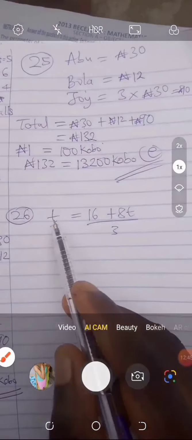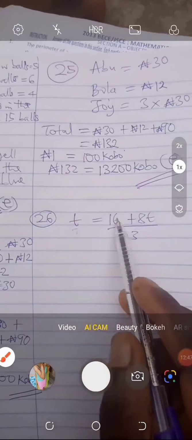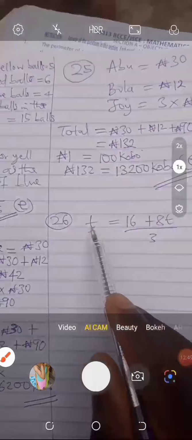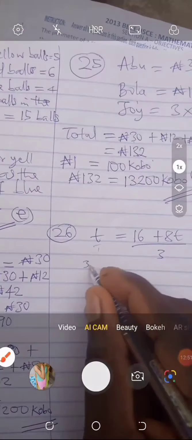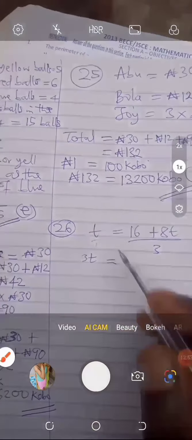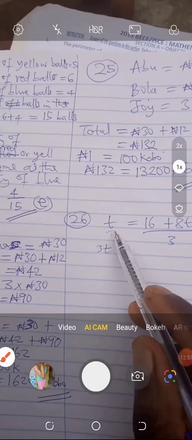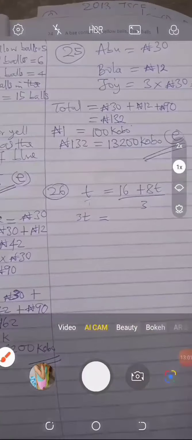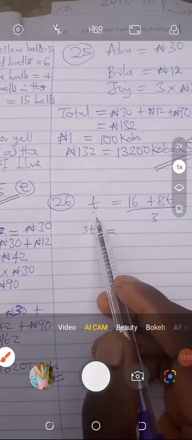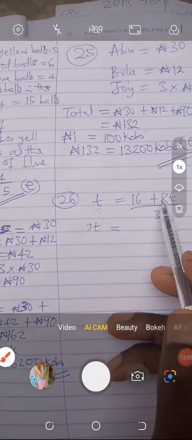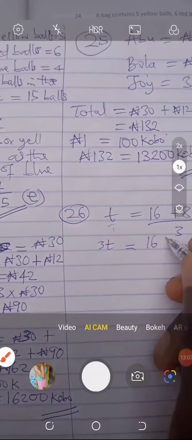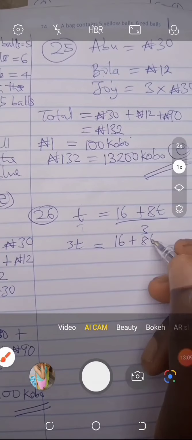So if I start with this side, t times 3, if I cross multiply like this, I have 3t is equal to. The next one I have again is this: 1 times 16 plus 8t, I have 16 plus 8t.